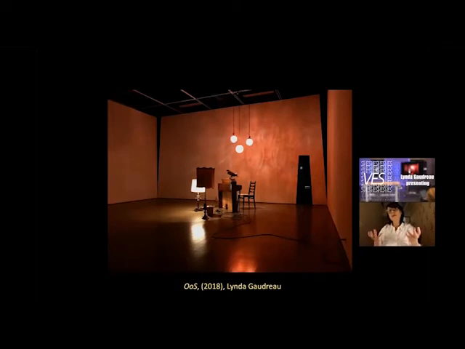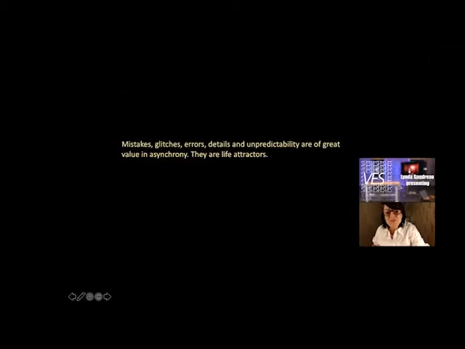When entering the space, the spectator had the impression that the wall was bending over. So that was interesting. So this is an example. And then I will show you something else.